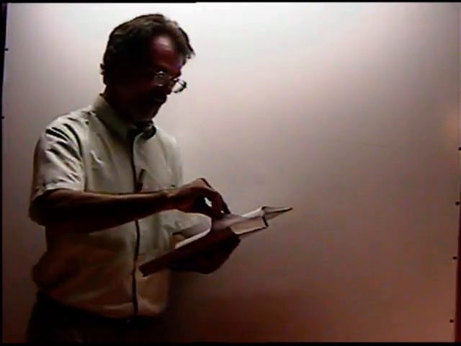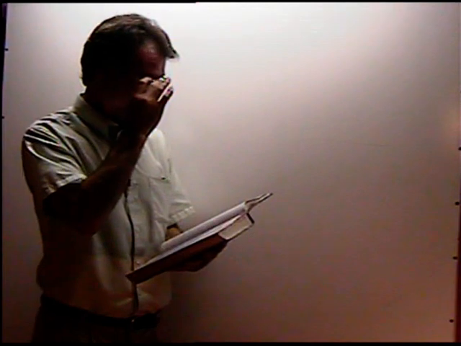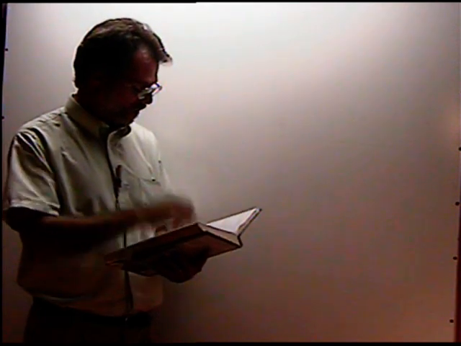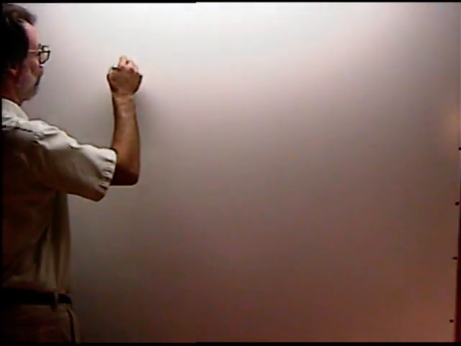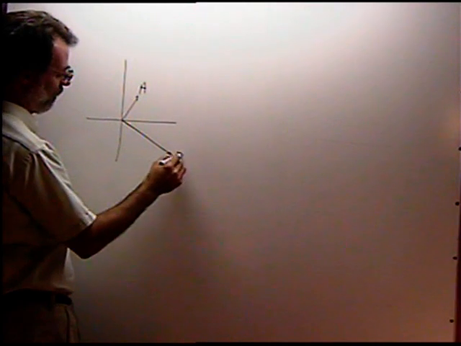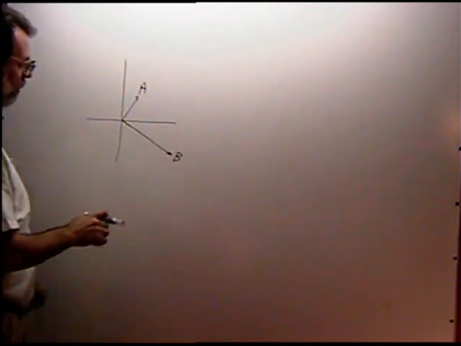Okay, at this point, I'm going to go right over to page 104. Okay, and we're going to look at number 1. And we want to add 2 vectors, and the 2 vectors look like this. Here's the A vector, and here's a B vector. Okay, so remember what we do.